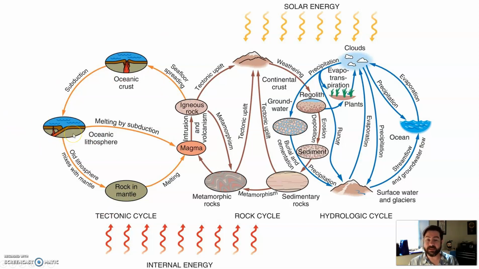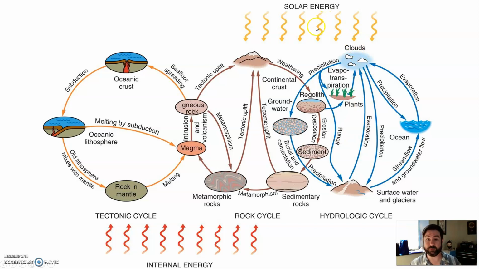The second third of the semester, we'll talk about the rock cycle and all the different types of rocks, igneous rocks, sedimentary rocks, metamorphic rocks, and all of those processes therein, which is connected to the tectonic cycle, and how all of that is later connected to the hydrologic cycle, and all of that also being influenced from the outside by solar energy, by the sun.